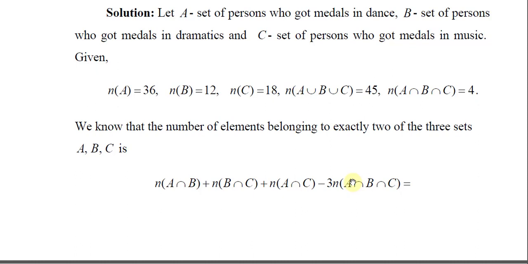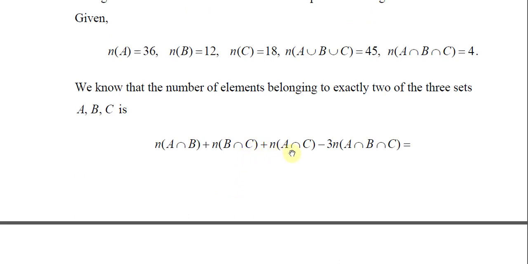So if we continue the discussion, the number of elements belonging to exactly two of the three sets A, B, C is n(A intersection B) plus n(B intersection C) plus n(A intersection C) minus 3 times n(A intersection B intersection C), because we have these three ones. Look here, if we draw the picture, this is the A set, this is the B set, and this is the C set.